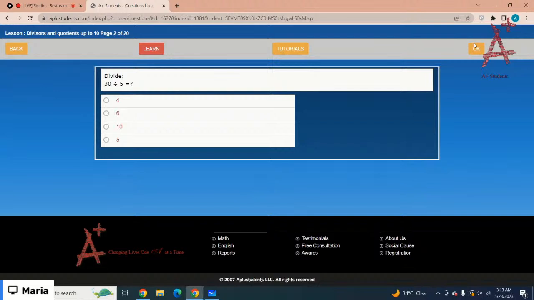You have to count a table of 5 until you get the answer 30. So start counting the table of 5. 5 times 6 is 30. So the correct option is 6.